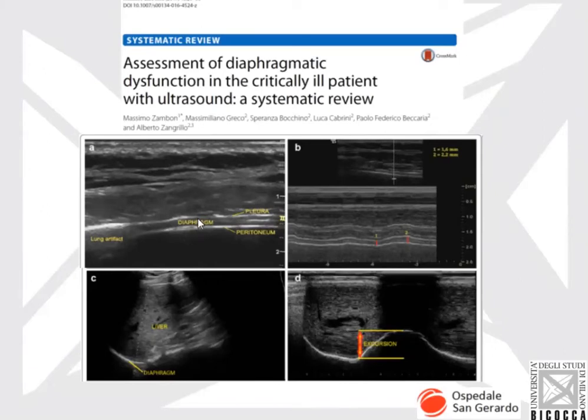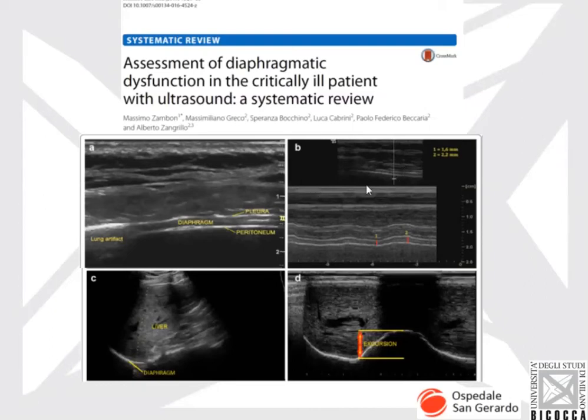This is done by a linear probe just above the liver, and you see here the pleura and the peritoneum as 2 hyperechoic lines, and down here is the liver, and you can measure very well the diaphragmatic thickness, which, as I will show you, gives you an idea of the general trophism of the diaphragm, the size of the diaphragm, basically.